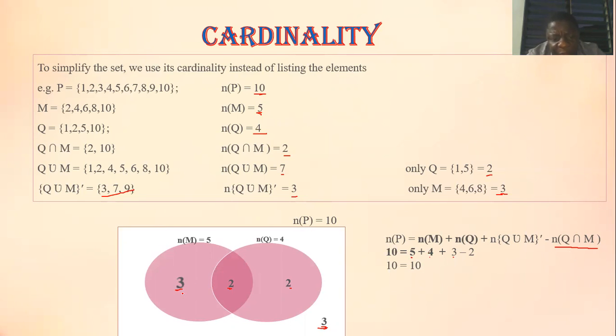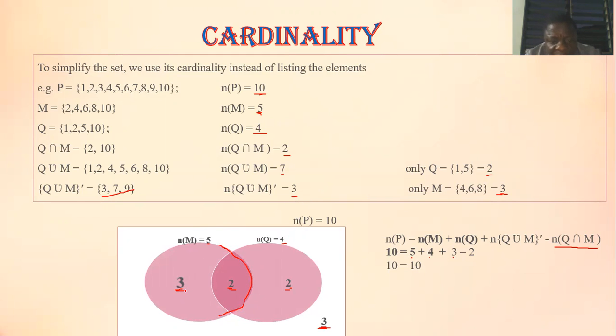If we are adding per region, we are going to get only M plus the intersection plus only Q plus the complement, which will be 4 components or 4 regions, 3 plus 2 plus 2 plus 3. That is exactly 10. However, if we do all the M plus all the Q, what has happened is that all the M includes this region.